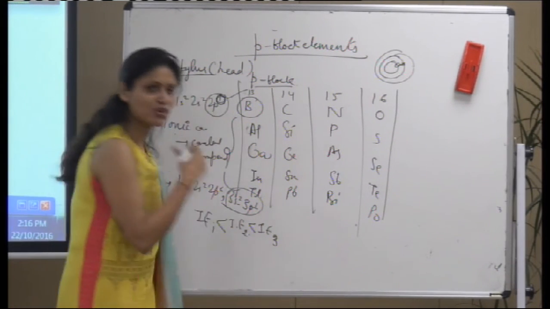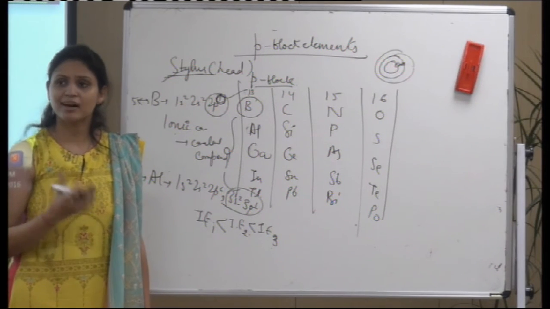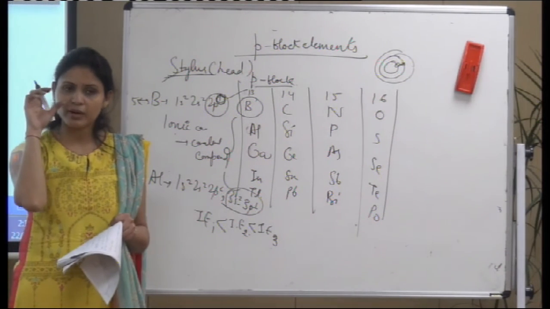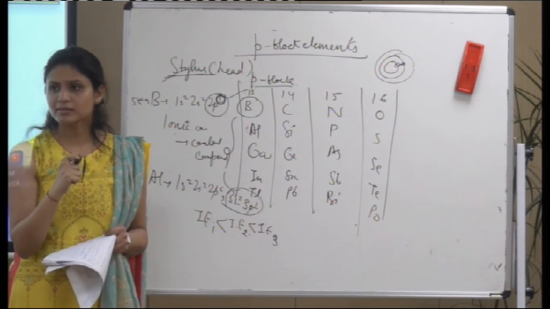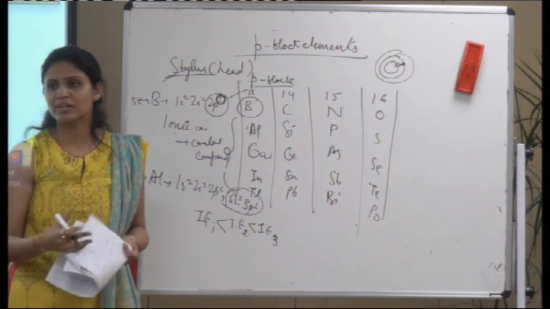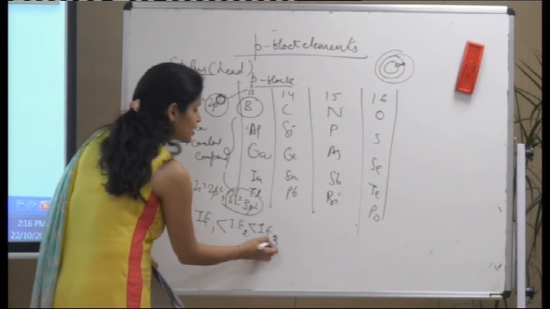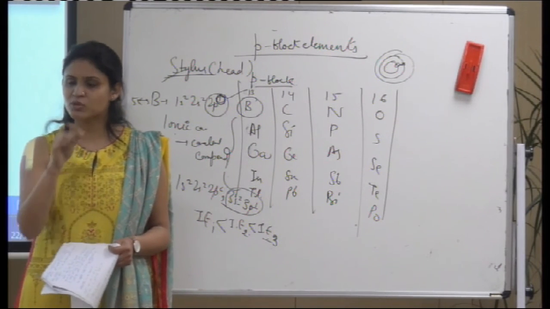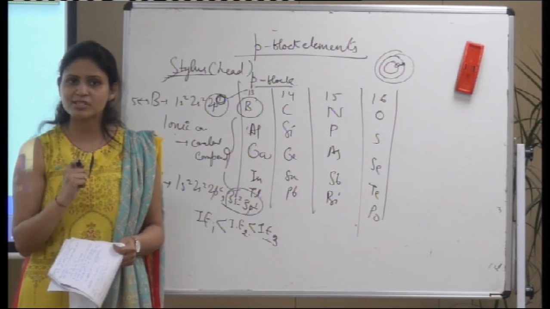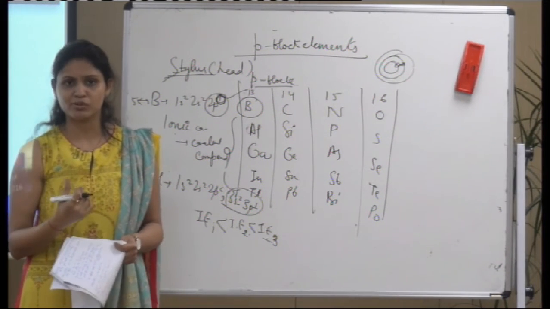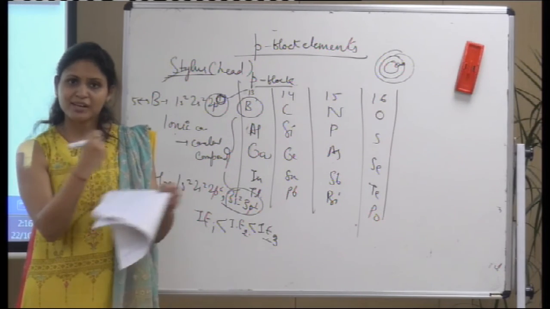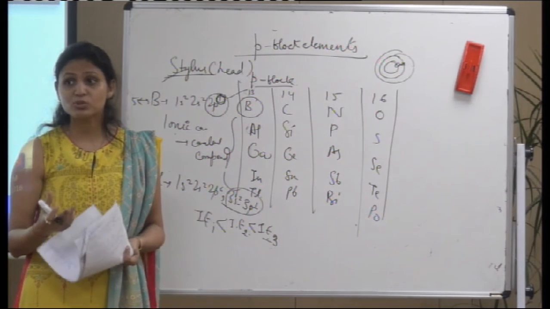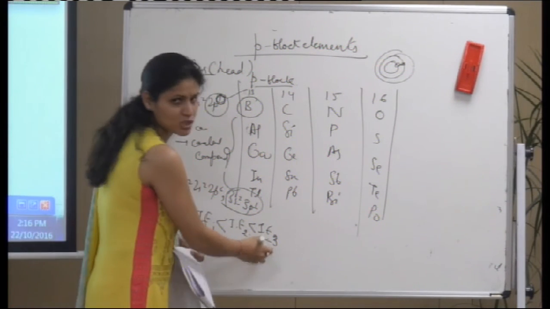Because once an electron is removed, the number of protons outnumbers the number of electrons, and hence the nucleus gets a larger hold on the electrons so that they do not lose more electrons. That is why ionization energy 3 is greater than ionization energy 2, which is greater than ionization energy 1. It is easy to extract one electron, but once an electron is lost, you cannot easily take out a second electron. The nucleus will attract those electrons, making it difficult for them to be lost, and you have to apply more energy.